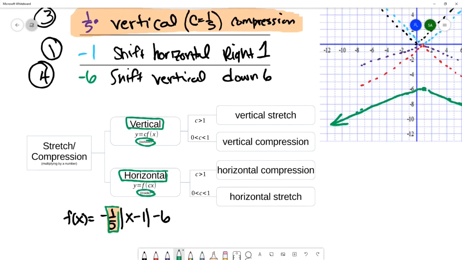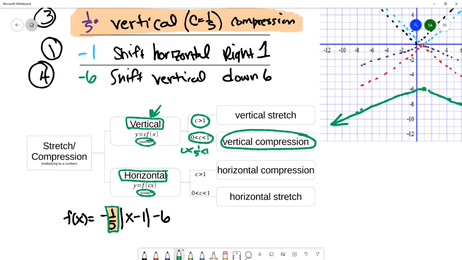So with this 1/5 being outside of the absolute value, I know that it is a vertical, either stretch or compression. Then I'm going to take a look at the value of the number. The value of the number is either greater than 1 or between 0 and 1. Now we have 1/5, and 1/5 is in between 0 and 1. And so that's why I knew that it was a vertical compression.